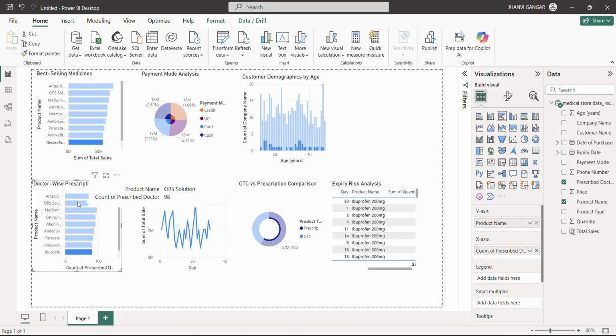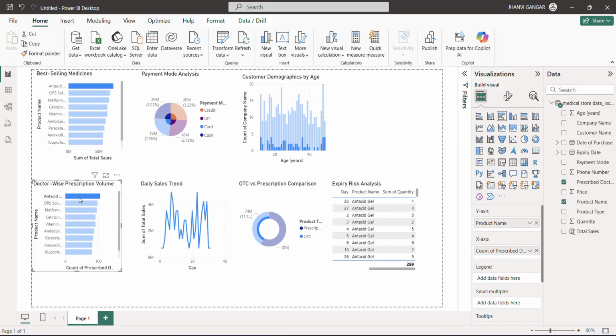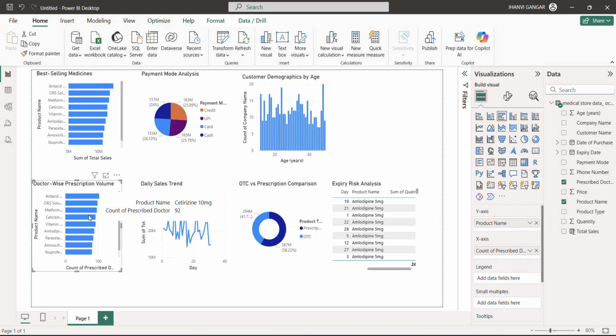So the doctor-wise prescription says that antacid is the most prescribed medicine. Then we have ORS, metformin, etc. And it's approximately the same as their best-selling medicines also.